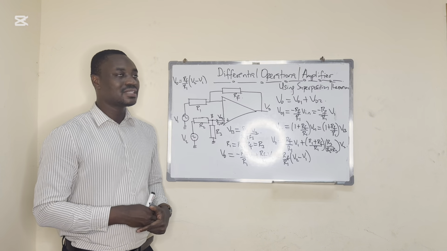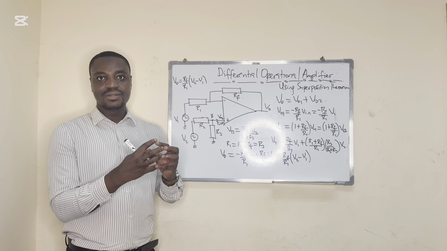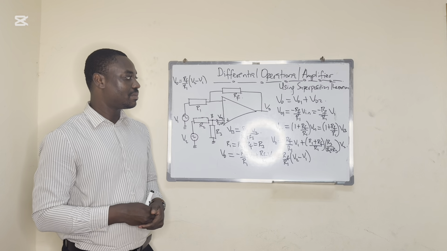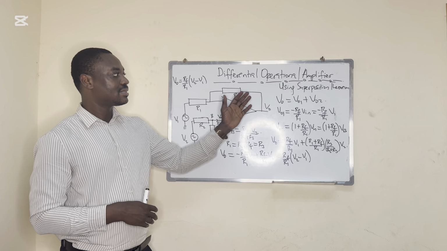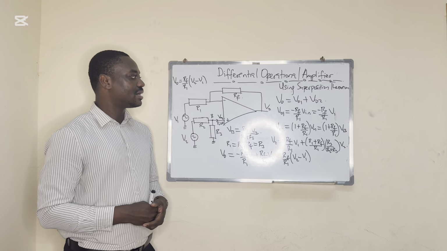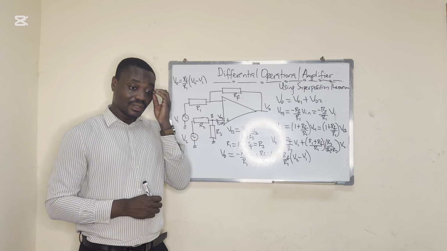So a differential operational amplifier is a combination of both inverting and non-inverting operational amplifiers that is used to design and make the differential operational amplifier that we have.